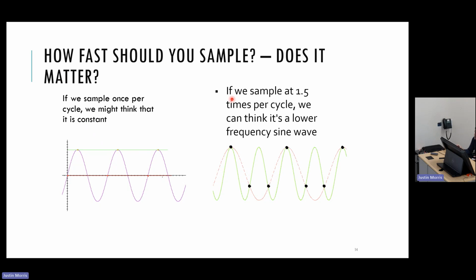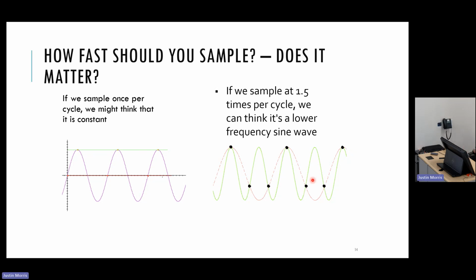If we sample at 1.5 times per cycle, then we can think it's also a lower frequency than it actually is. So here we have a sample here, and here, and here, and here. And if we interpolate those, we would get a lower frequency sine wave than the real sine wave shown.